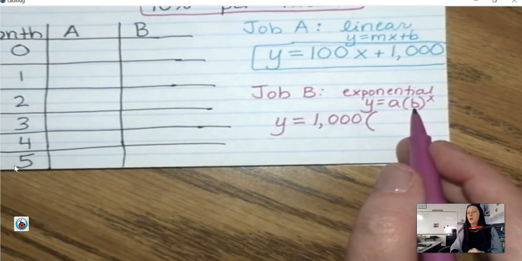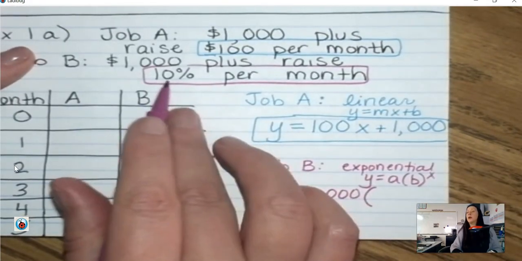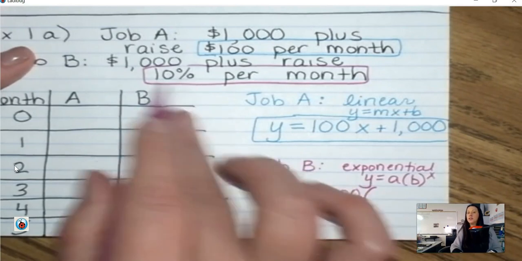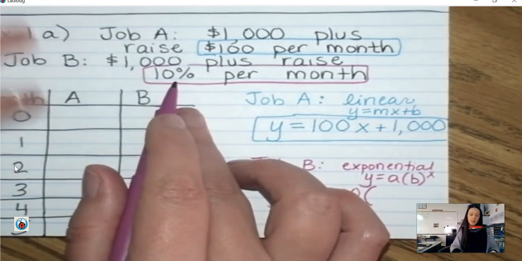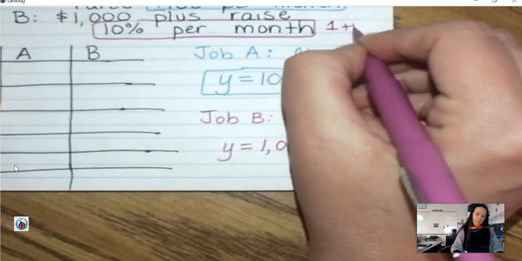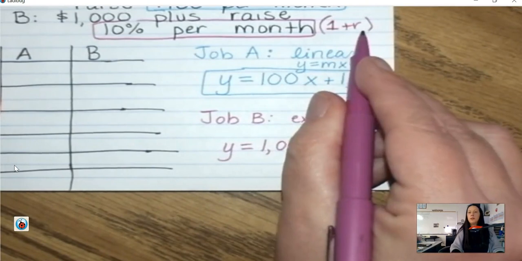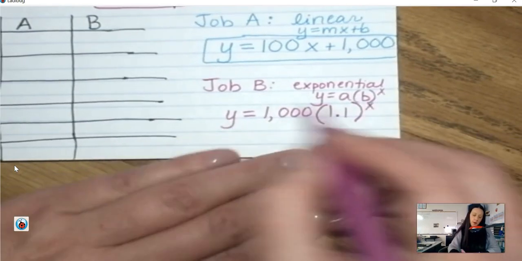B is that growth or decay. So it's growing, so it's 1 plus. It's going up 10%, so that's 0.1. So first you have to make that percentage into a decimal, so that's 0.1, and it's 1 plus the r. So 1 plus 0.1 is going to be 1.1, and then it's to the x power.